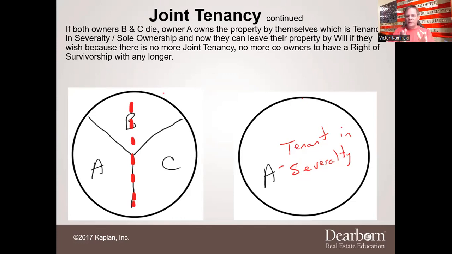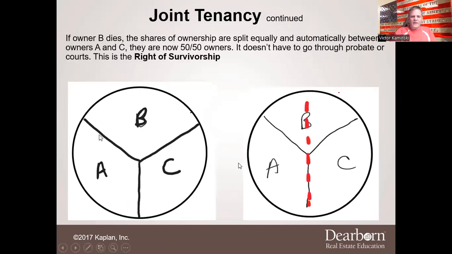That's the concept about joint tenancy you need to understand, as well as the 4 things they need to have in common in order to create it, other than specifying that they wish to create a joint tenancy. TTIP: unity of time, title, interest, and possession. So here's the example where we had 3 owners, one died, their ownership interest was split equally, automatically, and didn't have to go through probate or anything.